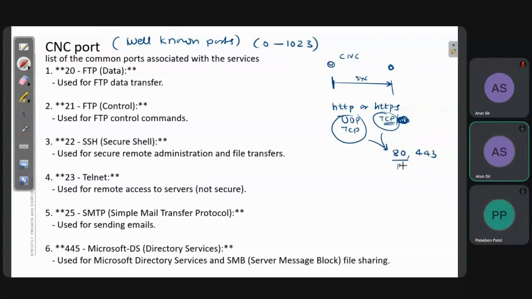Now these are the port addresses, and they belong to the 0 to 1023 range, which is called the well-known ports. These are the regular practice used by the OS, or operating system, or whoever is architecting a particular app. They have to take into account that my traffic will be listened to through this particular port address.